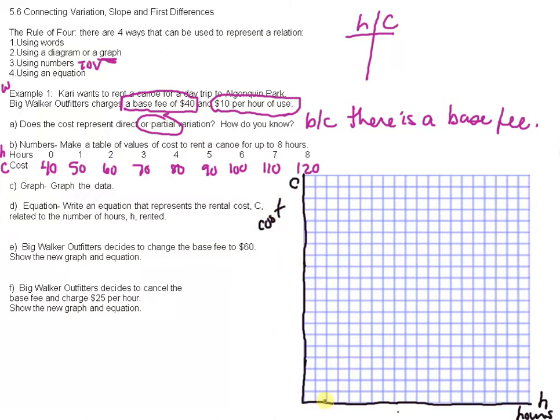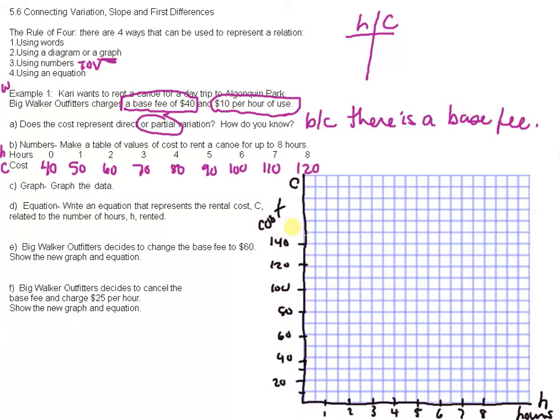Okay, so let's go 1, 2, 3, 4, 5, 6, 7, 8. And up the side, cost, we have to get up to 120. Let's just go up by tens each time. So 10, 20, 30, 40, and I'll just label every 2. 50, 60, 70, 80, 90, 100, 110, 120, 130, 140.